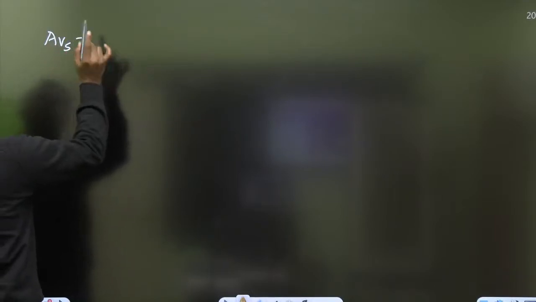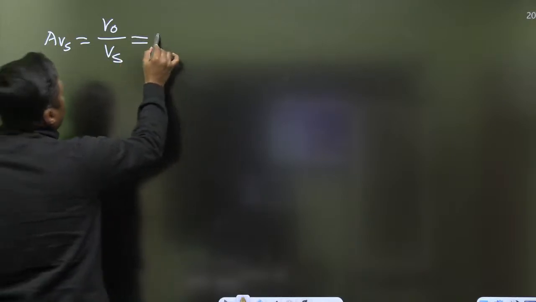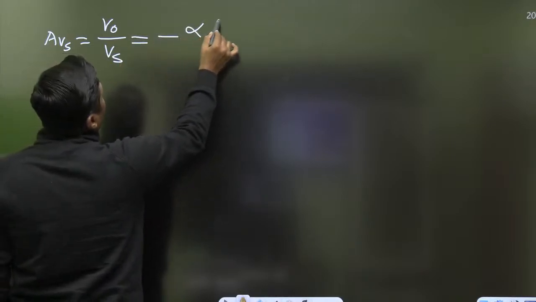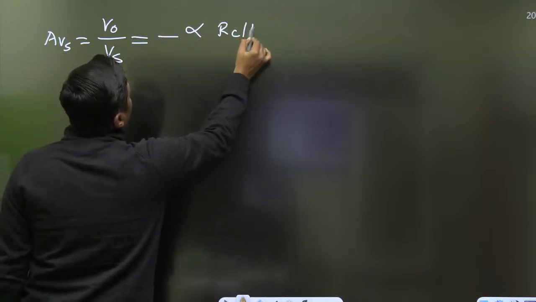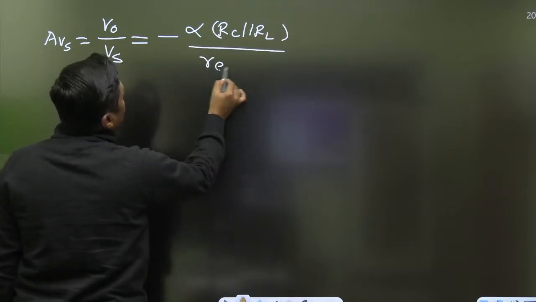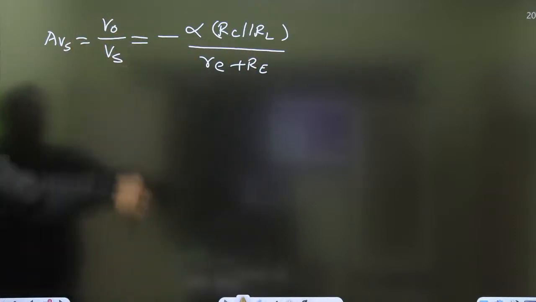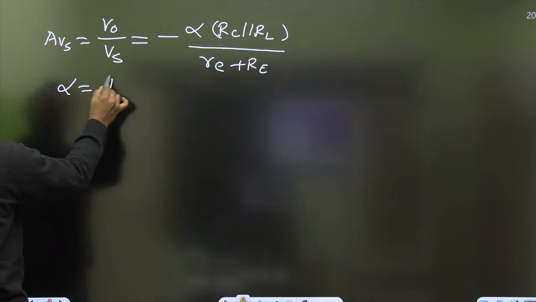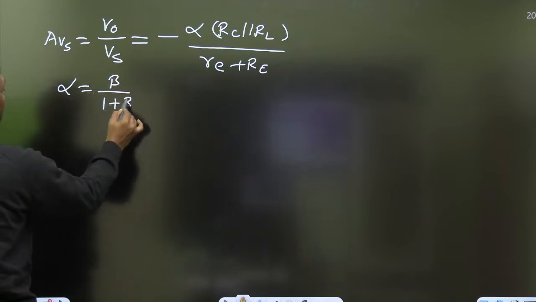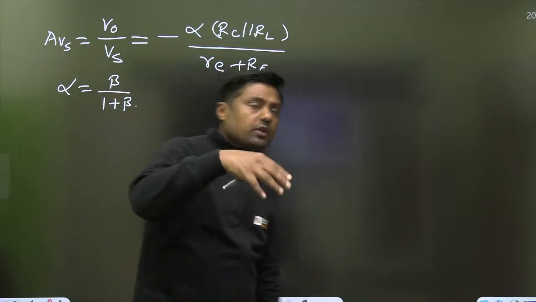Direct formula, mid-band voltage gain, V naught by Vs, for common emitter, is equal to minus alpha RC parallel with RL upon small re plus capital Re. Remember, only one formula, where alpha is beta upon 1 plus beta. Now, all the formulas we can derive from it.